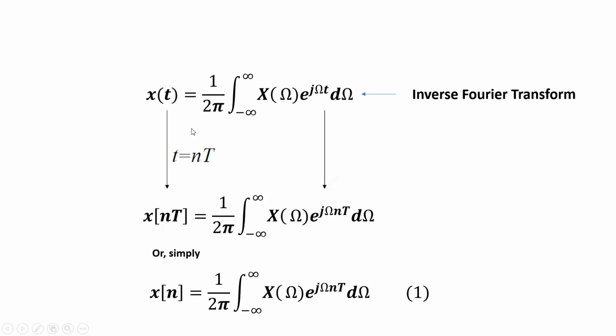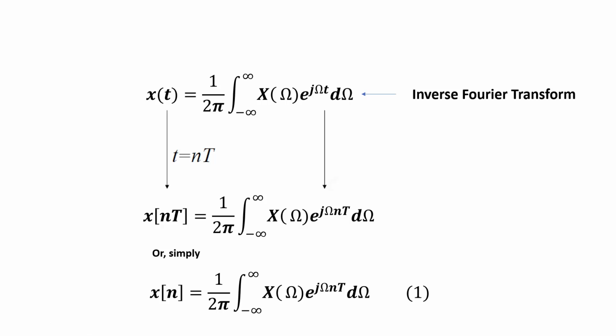Very important, you have to replace small t with n times capital T. If you do this, x of nT is equal to 1 over 2 pi of the same integral, X of big omega e to the power j big omega, and we replace this small t with n times capital T. For simplicity, we can remove this capital T from here, but actually it is there.